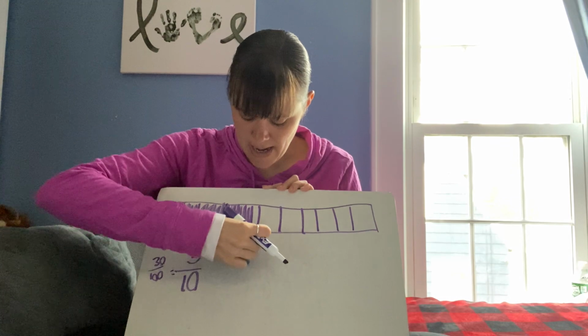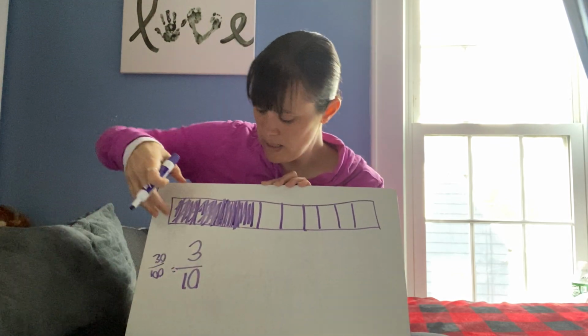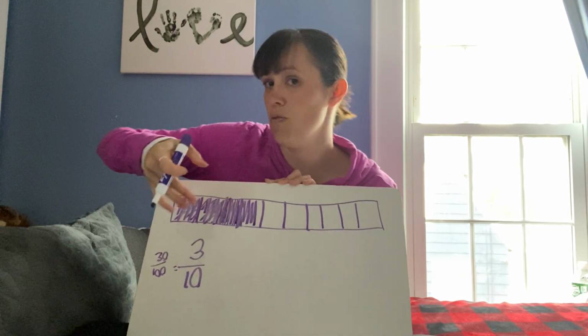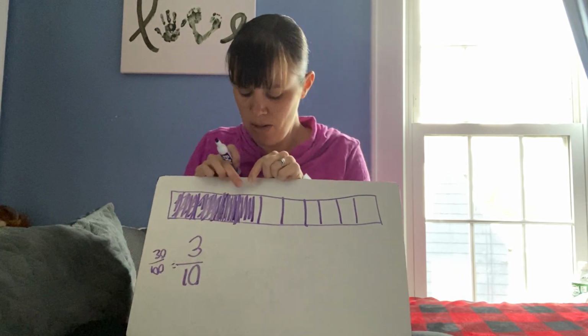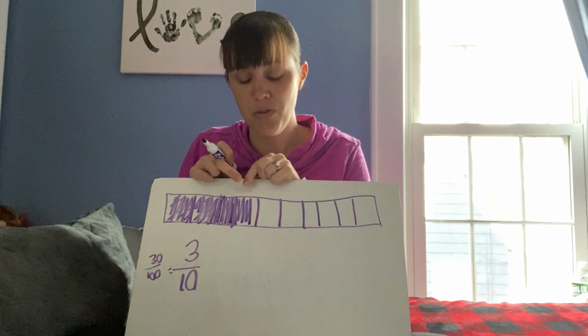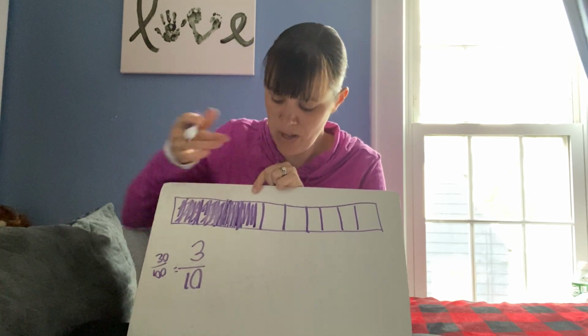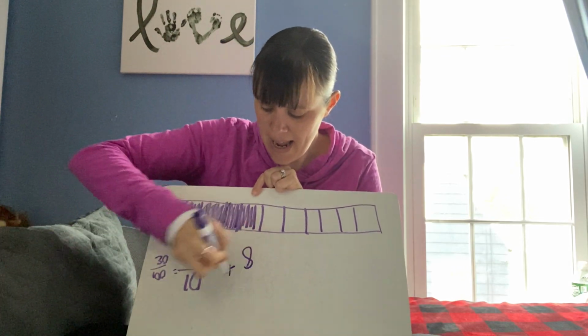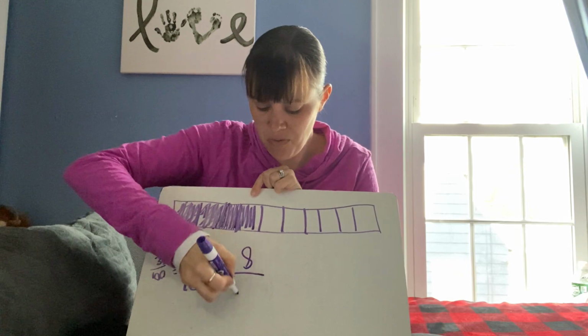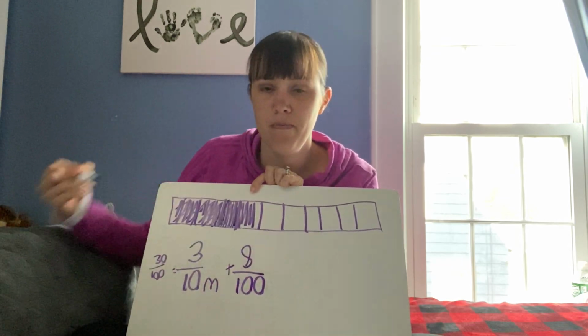Now, what is that 8 out of? Are there 8/10 shaded in? No, there are not. There's 8 of this little part. They divided that into tens, so 10, 20, 30, 40, 50. So that would be 8 out of 100.